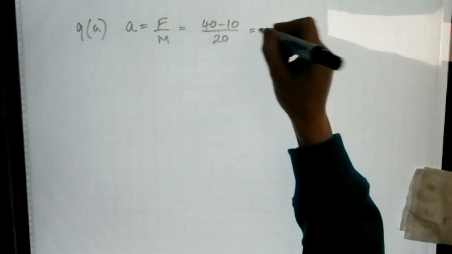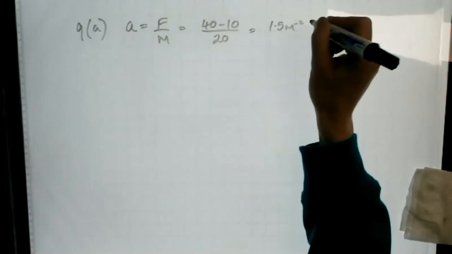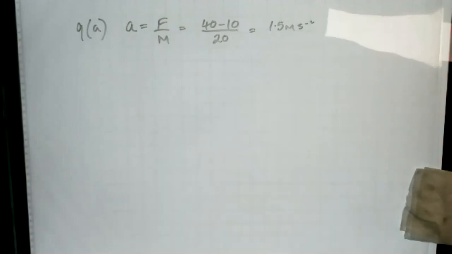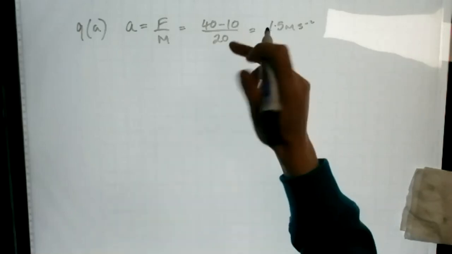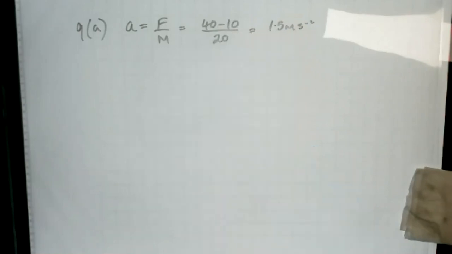So for this we find the acceleration in meters per second squared. The measure is in Newtons, and we are already into different forces. So we just lay out the question.